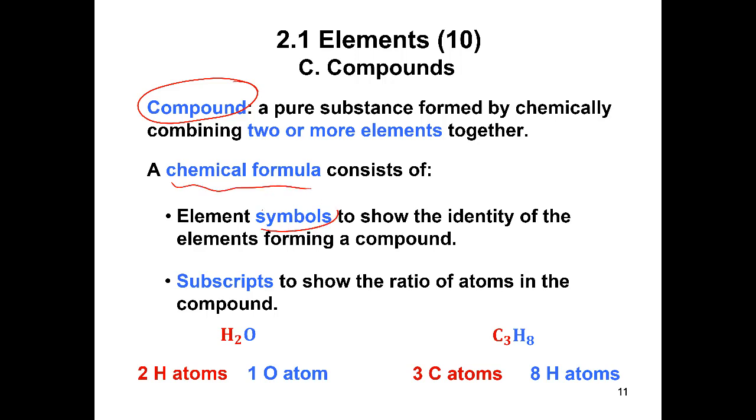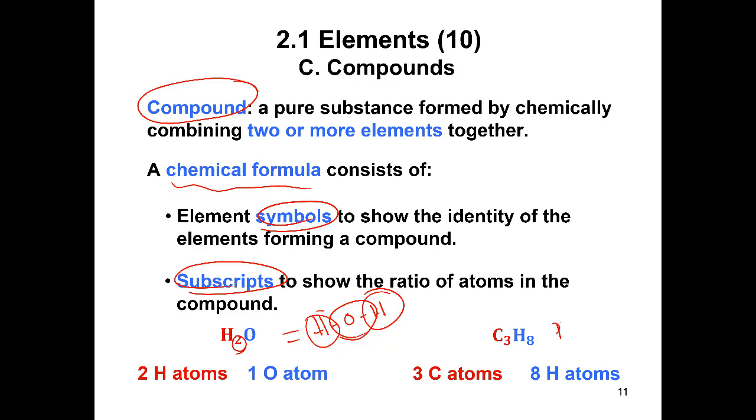I use the element symbols to show what is in a particular compound, and I use subscripts to show how many of each, or the ratio. For example, we write water like H2O. It's really HOH, so I have two H's and one O. Having that subscript of two tells you that for every oxygen you have two hydrogens.